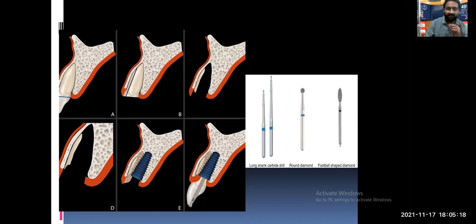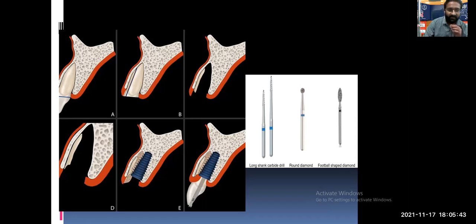First, the tooth is sectioned in a horizontal manner with 1 mm clearance from the gingival margin. So the first step is horizontal sectioning of the tooth, and then with the help of a long shank carbide bur, the vertical sectioning is done, and then the root apex is also removed.